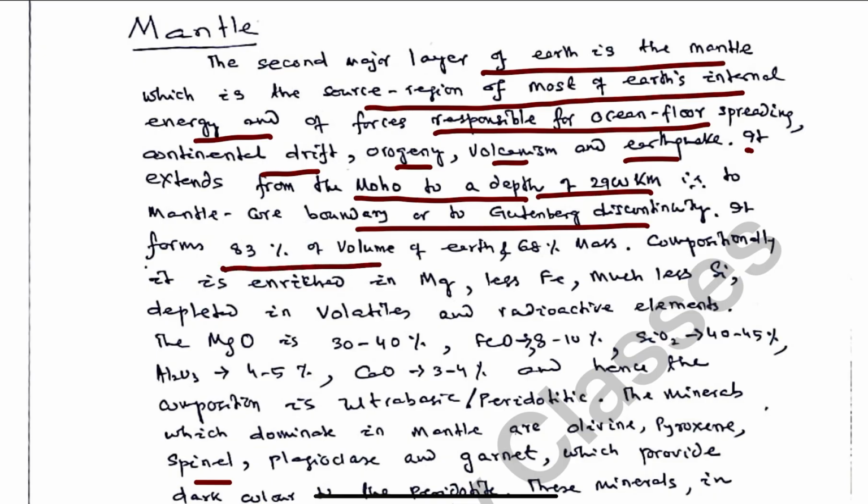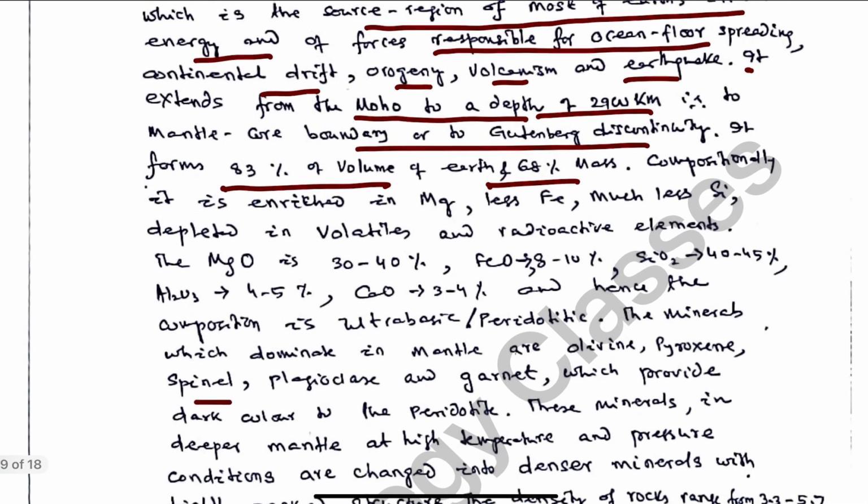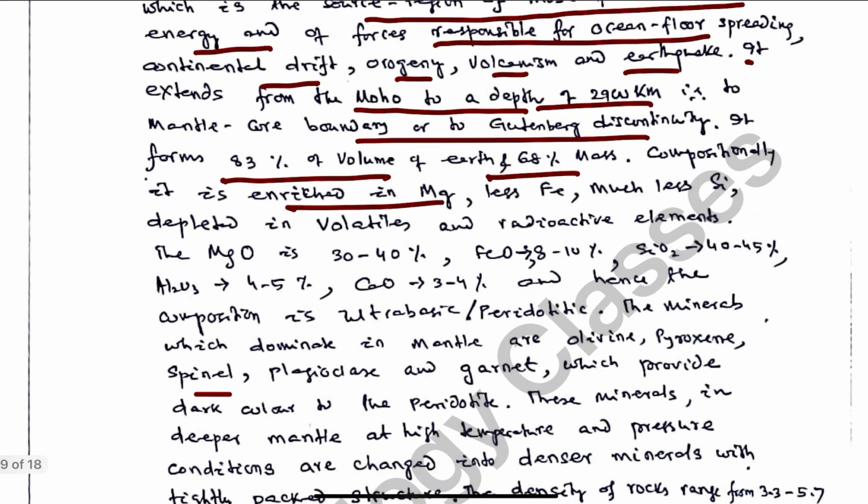It accounts for 83% of the volume of the earth and 68% of the mass. Compositionally it is enriched in magnesium, less in iron, much less in silicon.